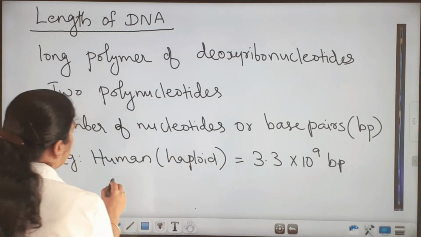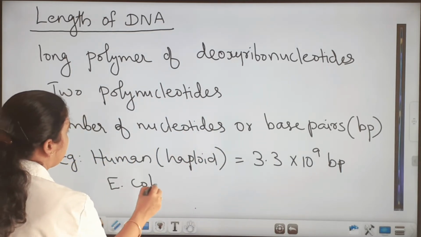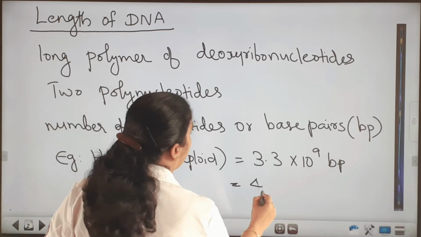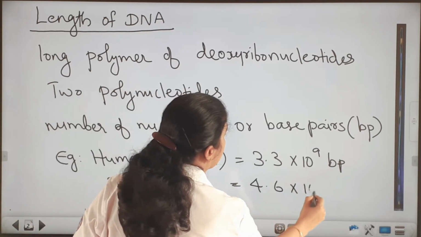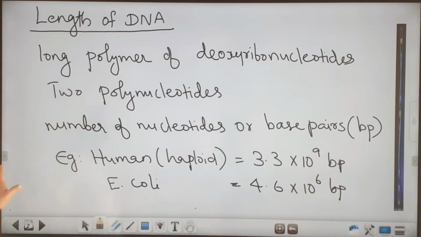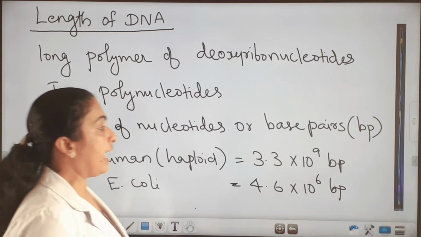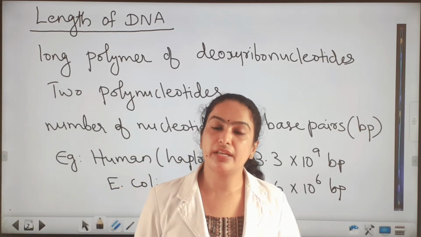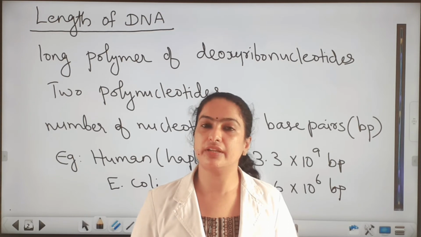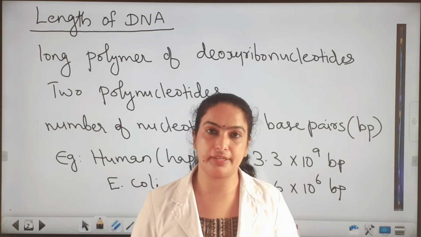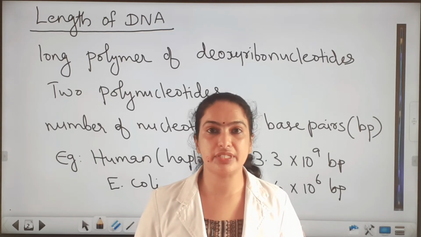In the case of E. coli, Escherichia coli bacteria, the length of the DNA is 4.6 x 10^6 base pairs. So the length of the DNA is the characteristic of every organism. It can be defined by the number of nucleotides or base pairs present in the DNA. Is it clear about the length of the DNA?